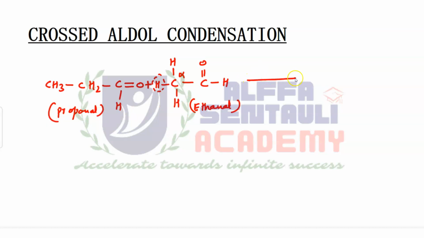See, the reagent is very important. All these things will happen when you use dilute base. Otherwise you require this reagent in order to initiate this reaction. So this alpha hydrogen will combine with the oxygen of the carbonyl group of the propanal compound.